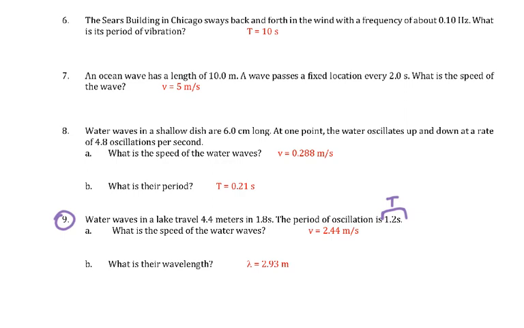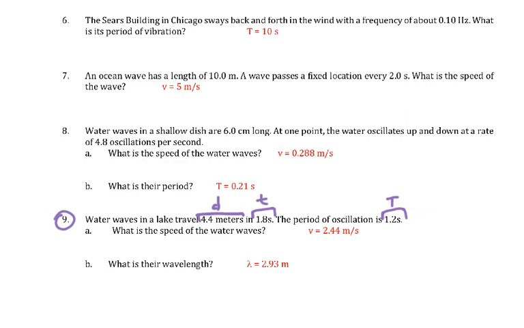So what do we do with the 1.8 seconds? Well, that is a time, but it's not specifically the time for a wave or oscillation. So we're just going to symbolize it with a lowercase t. And then it tells you how far the waves travel, but it doesn't tell you the distance of a single wave. So that 4.4 meters is a distance, not a wavelength.